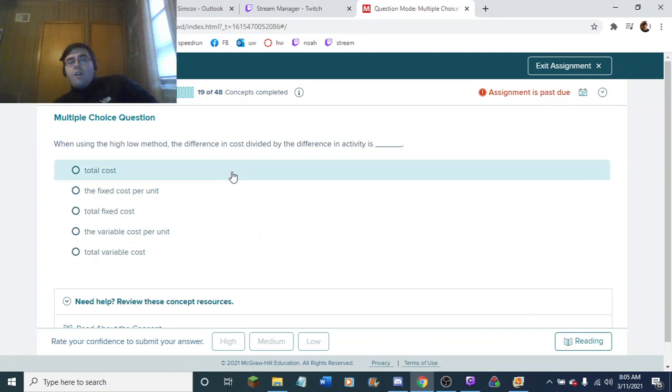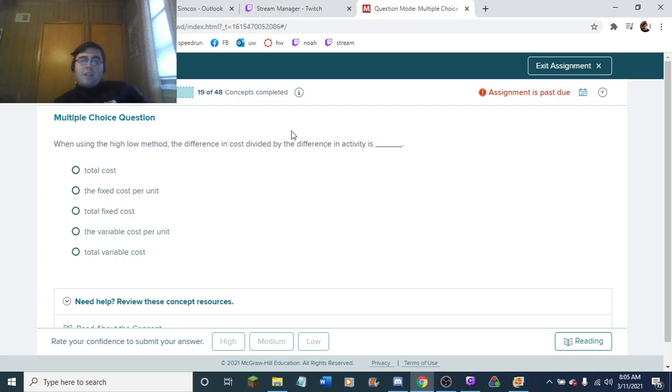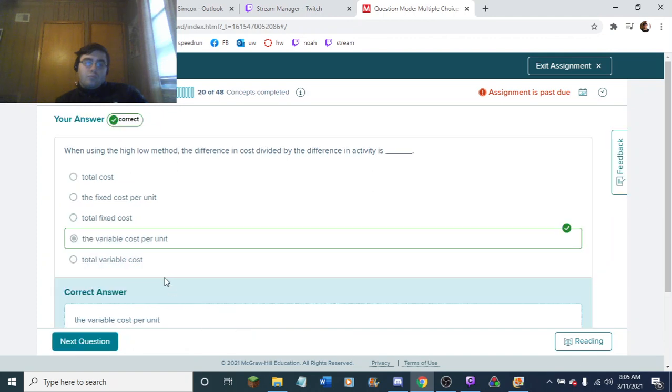So the difference in cost divided by the difference in activity. What is that? We didn't do any division in that question. What the heck? Oh my gosh, I was right. What the heck?